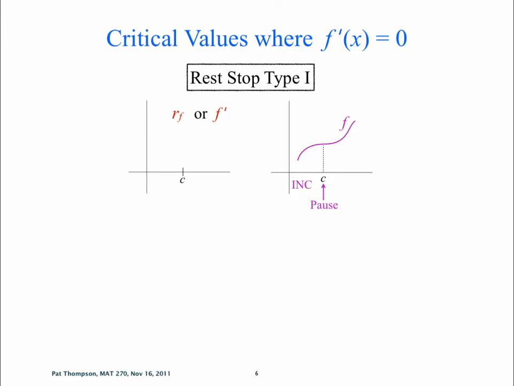We all have to pause once in a while, right? And then increasing again. So at x equals c, what's the value of the derivative? It's 0 because at the moment x equals c, the accumulation is not increasing or decreasing. It's pausing. But we don't have a local max or local min.